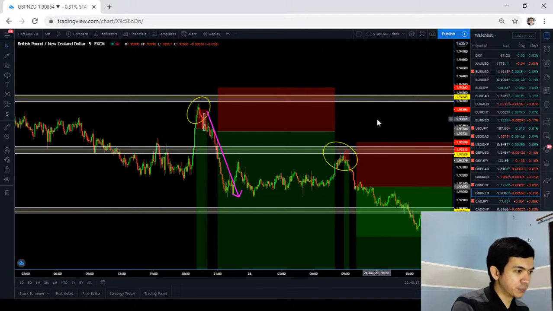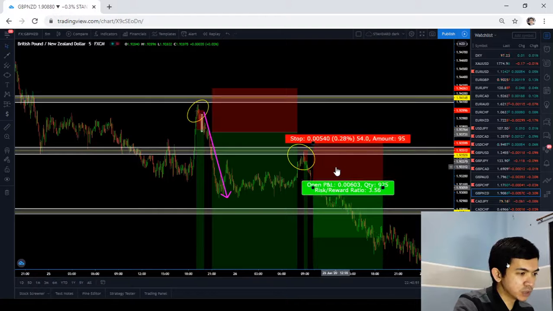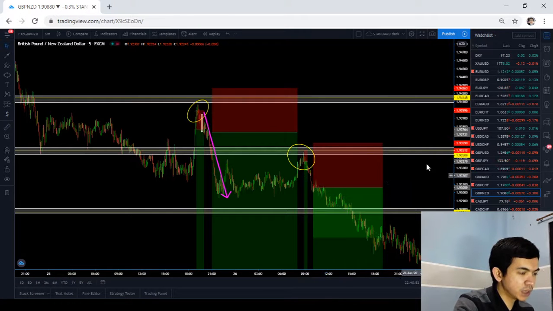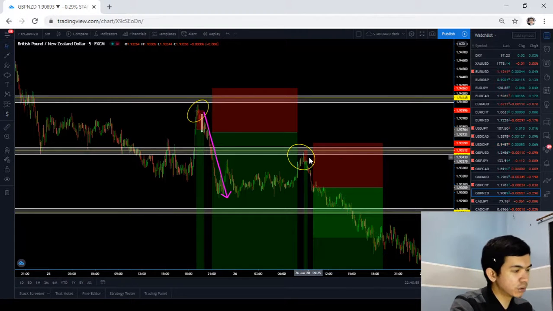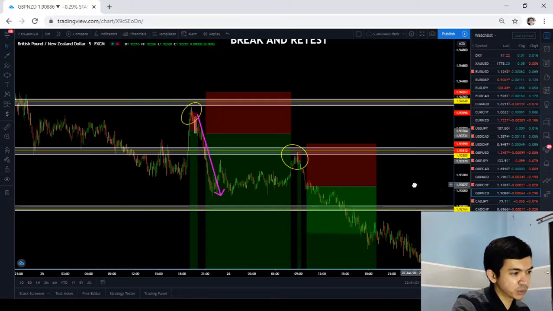Previous support becomes new resistance, previous resistance becomes new support, so on and so on for a trend continuation. So, makikita rin dito na we can look for multiple opportunities, and that opportunity, we can improve that through lowering down on a lower time frame for a more optimal entry and improving yung risk-reward ratio.